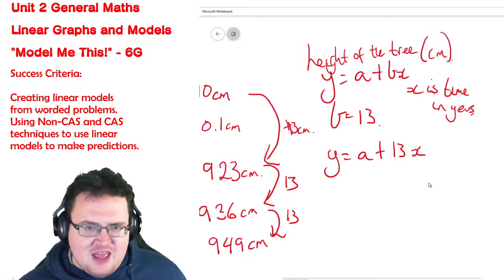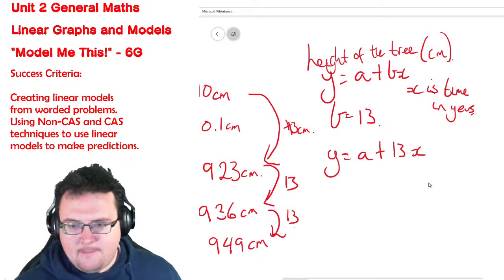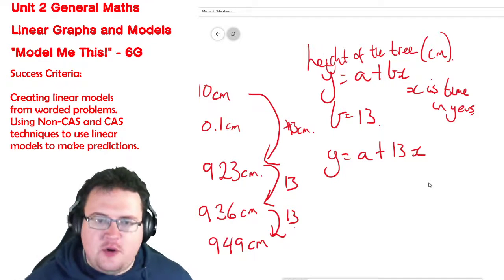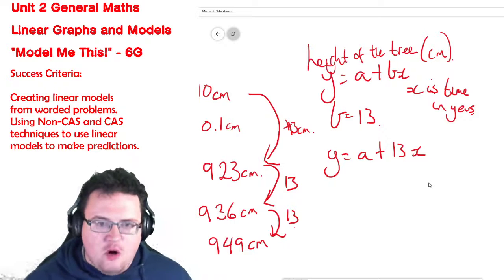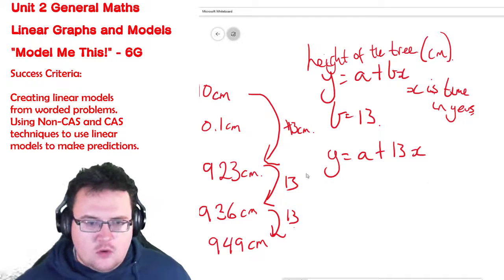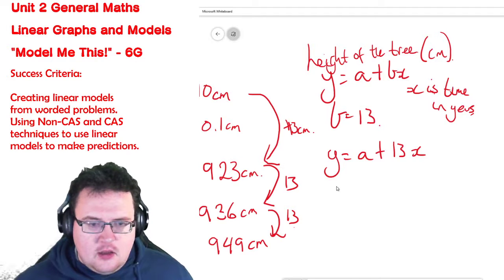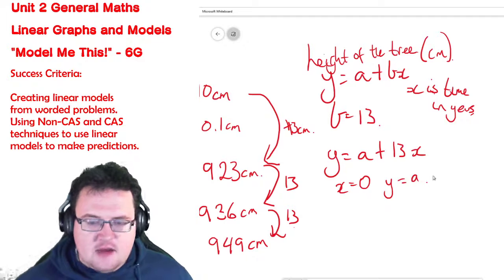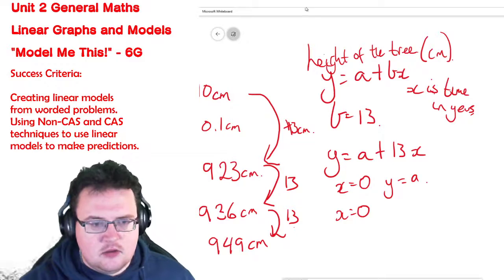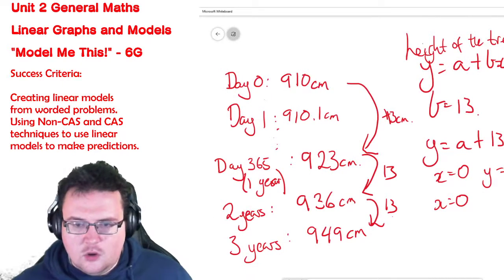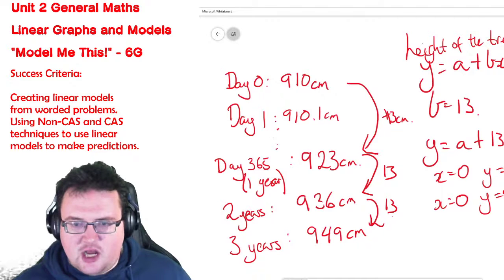But what is my a value going to be? All right. A is actually going to be the intercept. It's going to be when x equals 0, when no time has passed. When x equals 0, y equals a. But we also know that when x equals 0, because it's over here, day 0, y is equal to 910.